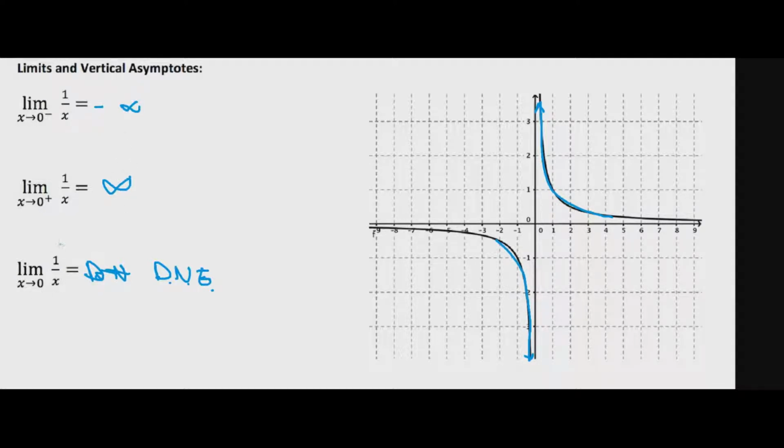Okay, now if you're wondering why it gets bigger as we approach 0 on the bottom, I want to give you an example just so that you really understand. Let's look at this example here. I hope you can see that the denominator is getting smaller and smaller and getting closer to 0.